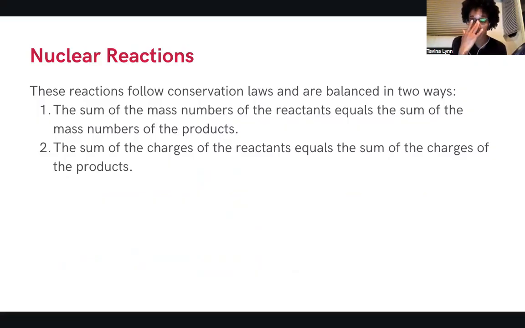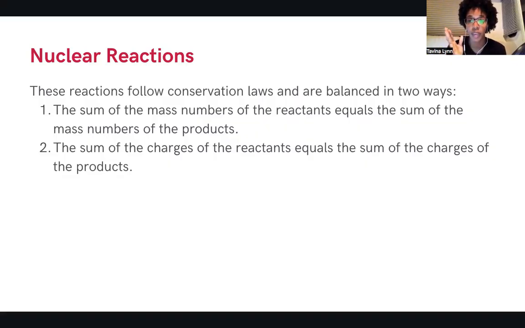Those same laws that govern chemical reactions are governing our nuclear reactions. They're balanced in 2 ways. The sum of the mass numbers in the reactants equals the sum of those in the products. The sum of the charges of the reactants equals the sum of the charges of the products.